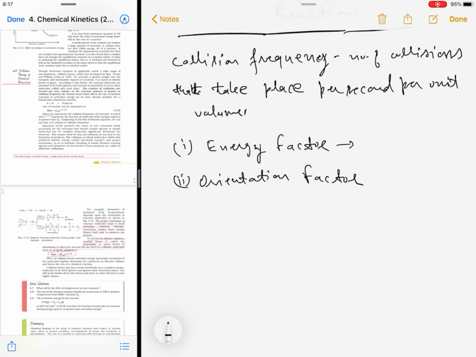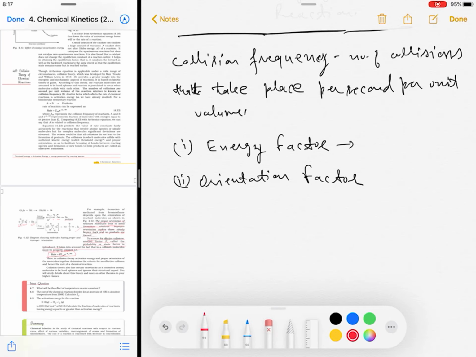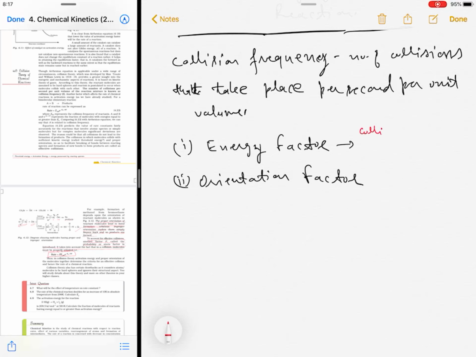So according to the energy factor, the colliding molecules must have threshold energy, and the second one was the orientation factor.